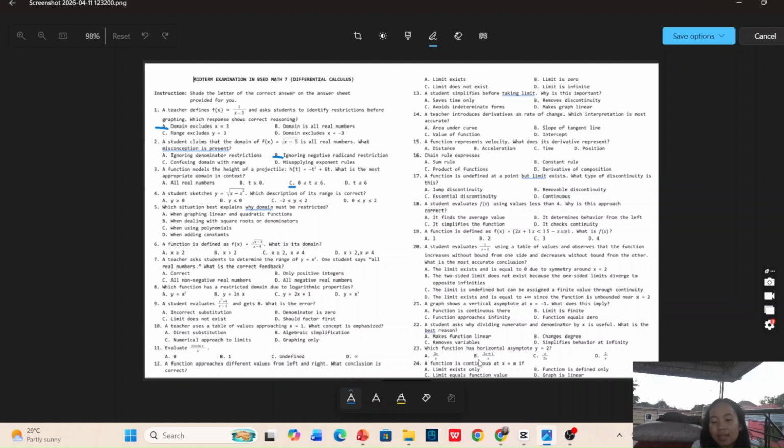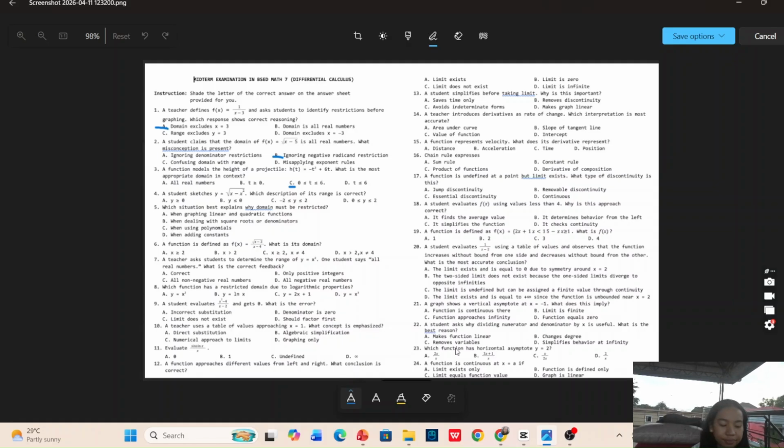Since 2x and x have the same degree of polynomial, we divide 2x by x, and that is 2. And that satisfies the question: which function has horizontal asymptote y equals 2.